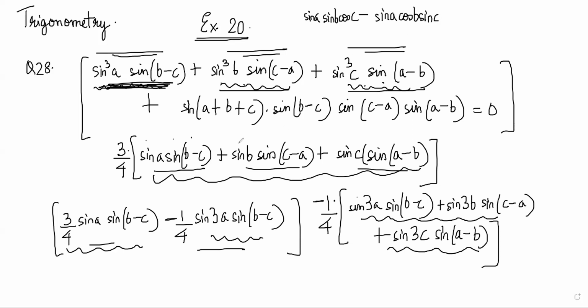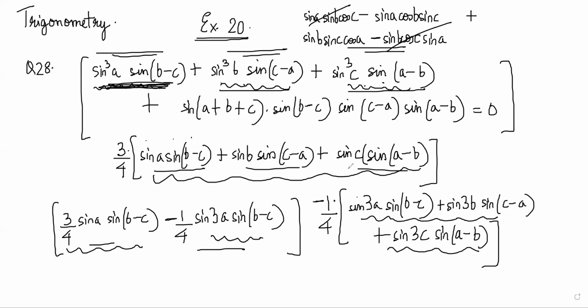Second bracket, see the terms sine B, sine C, cos A minus sine B, cos C, sine A, right? Can you see that this term got cancelled with this one? Are you understanding what I'm doing?